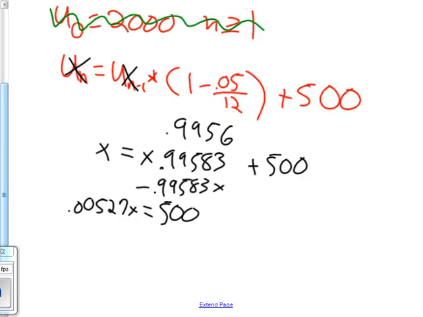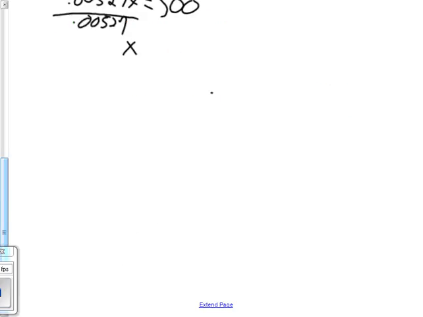Because all we're doing is subtracting off this side and moving it to this side to combine our x's. And then we're dividing this. And we're left with x is equal to, I believe it was like 120,000, if I remember right. Yes, sir.